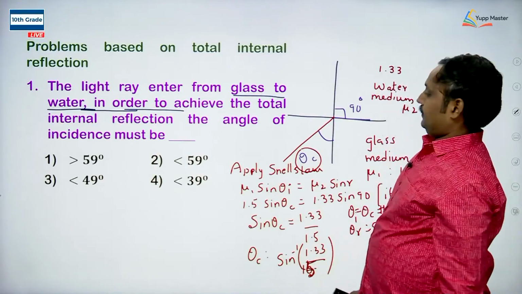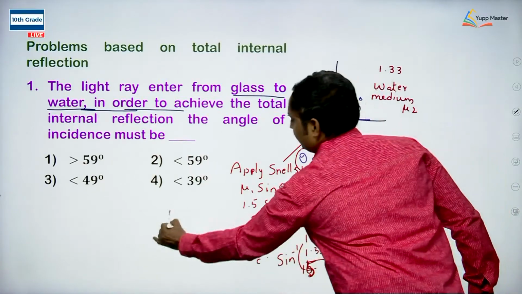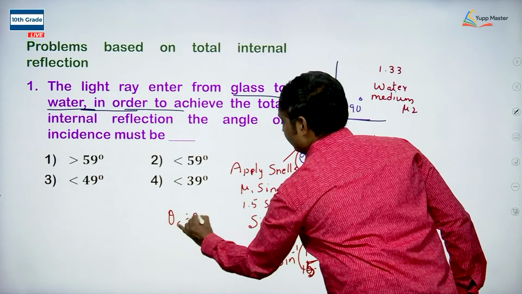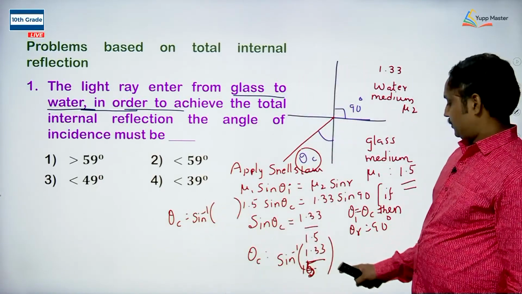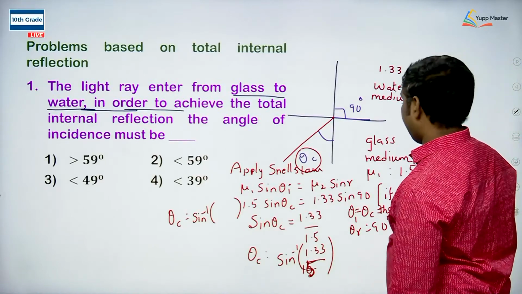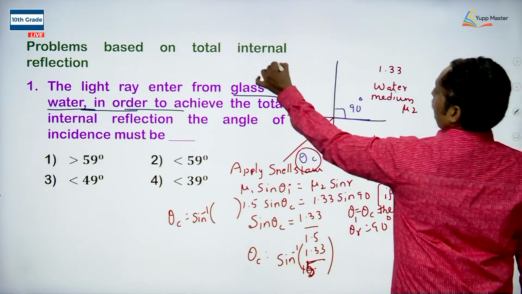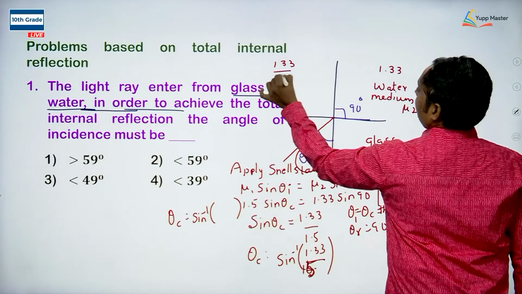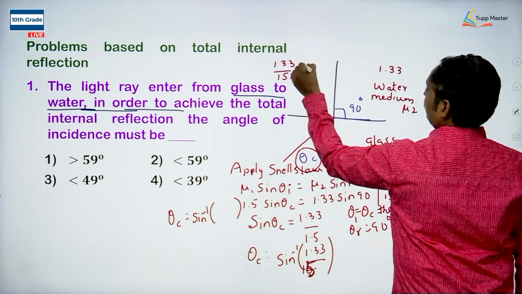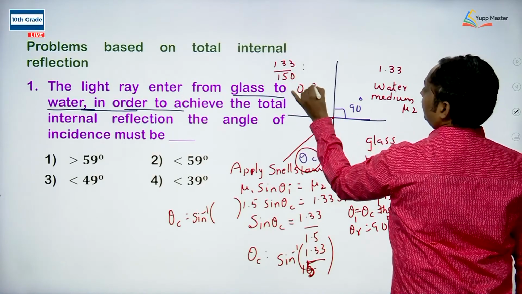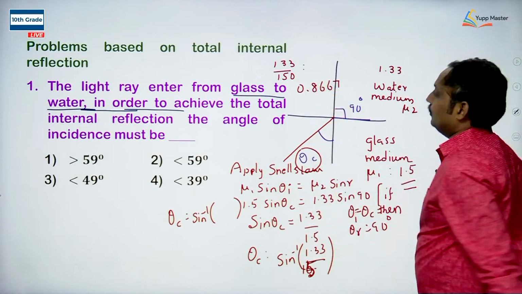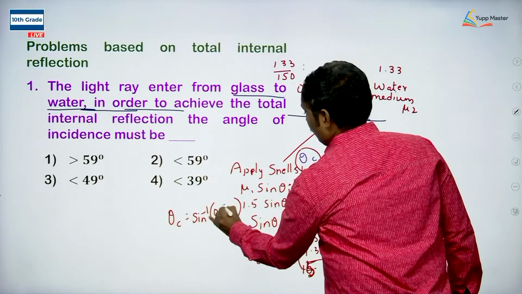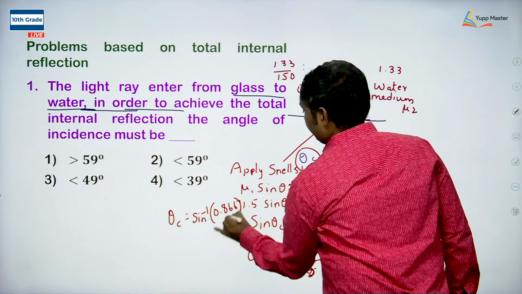While taking that ratio, you are going to get 133 by 150, which is 0.8667.